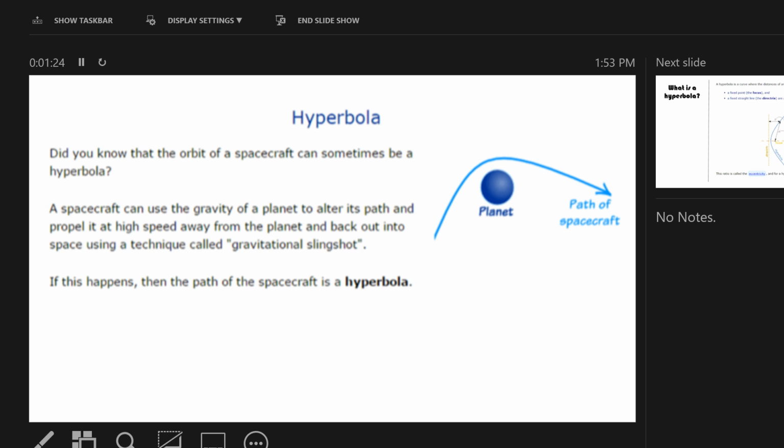What they do is they get these things close to a planet and use the planet's gravity as a boost. They call it a slingshot or a gravity assist, so that it helps the satellite get on path to where it needs to go.